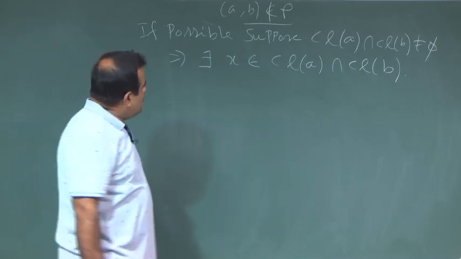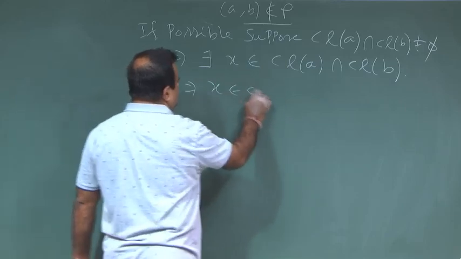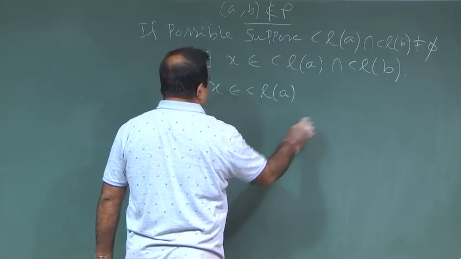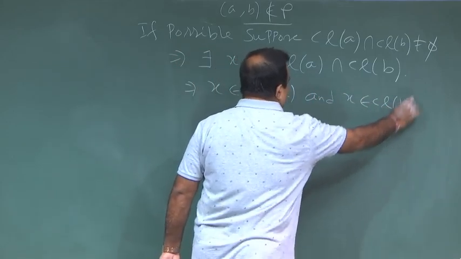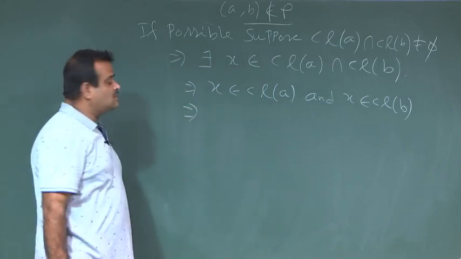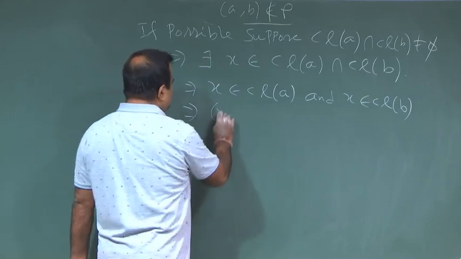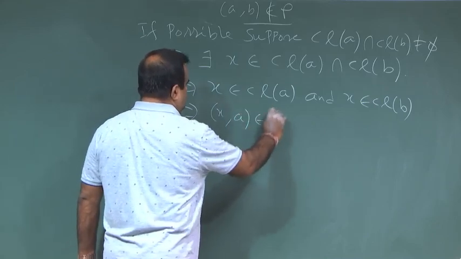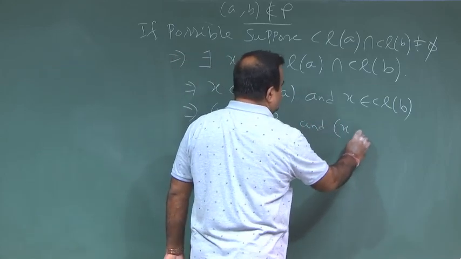Okay. So, now this implies what? x belongs to class of A and also x belongs to class of B. Now, x belongs to class of A means what? x and A are related, and x belongs to class of B means what? x and B are related.